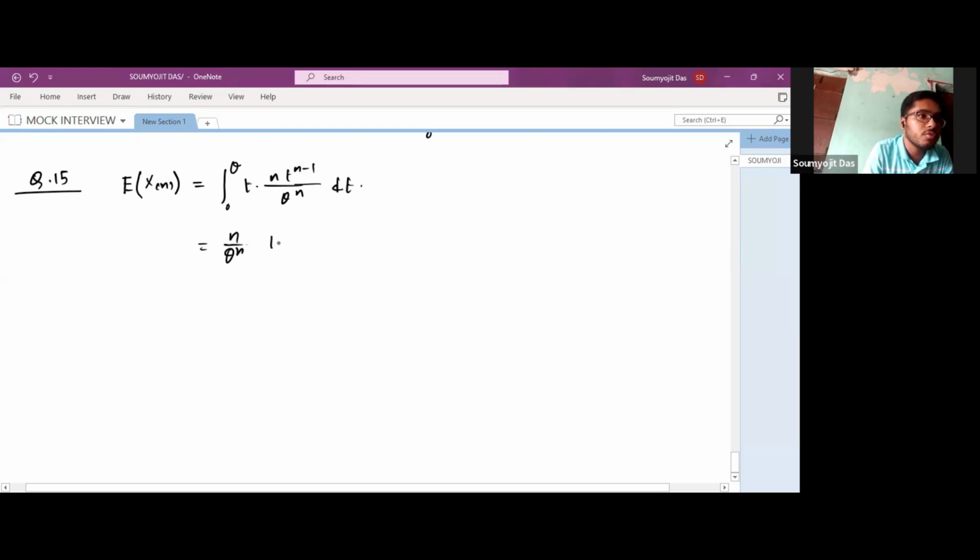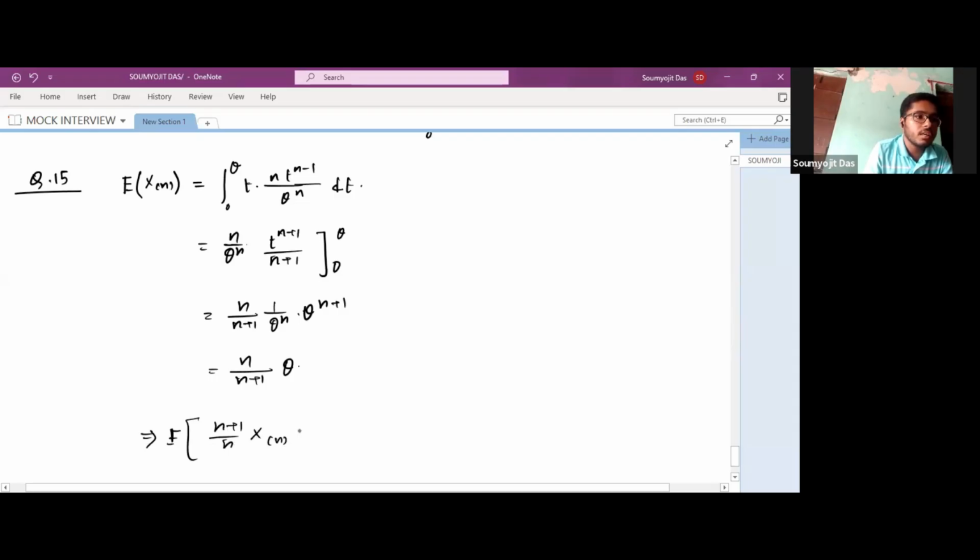If we compute it, it will be t to the power n plus 1 by n plus 1, from 0 to theta. Then n by n plus 1, 1 by theta to the power n into theta to the power n plus 1. It will be n by n plus 1 into theta. So we can say that (n plus 1 by n) into X order n will be an unbiased estimator of theta, and as it is also based on the complete sufficient statistic, it will be the UMVUE.